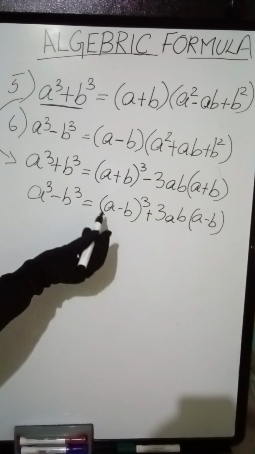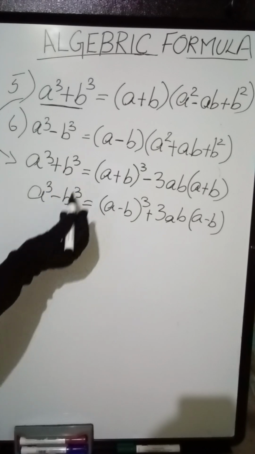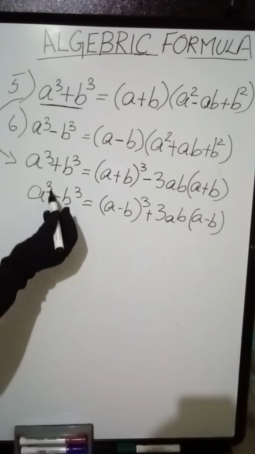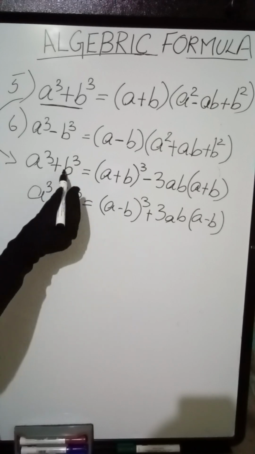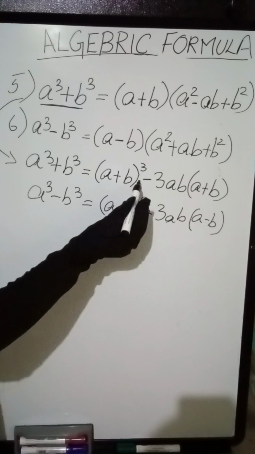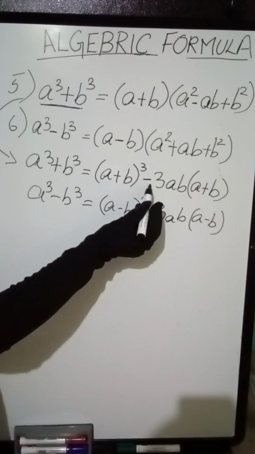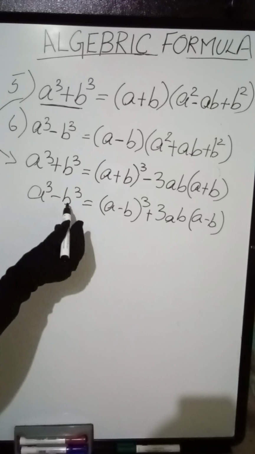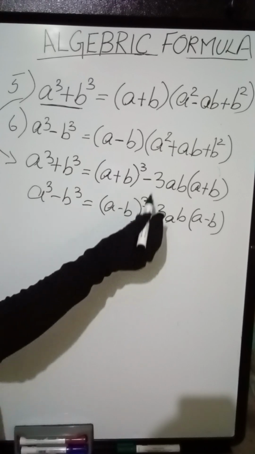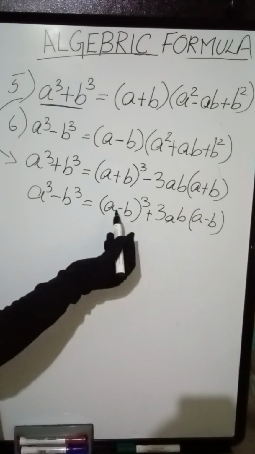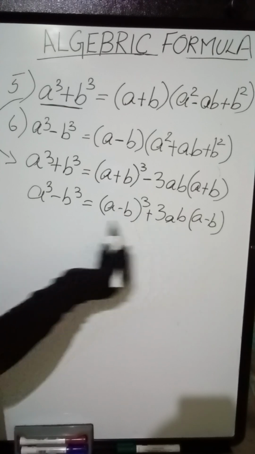The only reason being, in plus and minus, it's very easy to understand. If you have a cube plus b cube, the minus sign will come only in front of 3ab. In case of a cube minus b cube, you will have a plus sign instead of minus in front of 3ab. Otherwise it remains minus and minus overall.